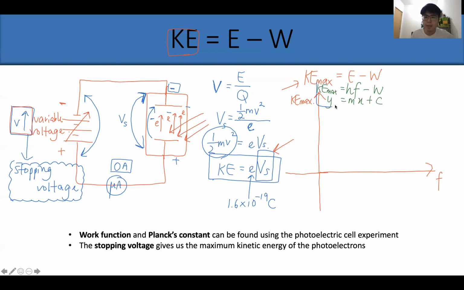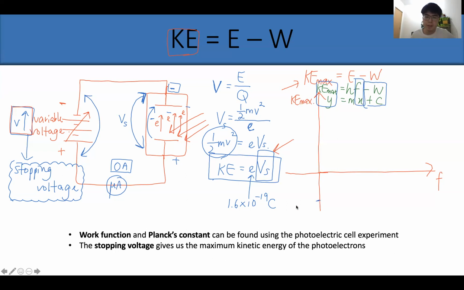Your y is Ke max, your x-axis is frequency, and the gradient is h. The gradient is the Planck constant, which is a constant. So your graph is a positive straight line, and your y-intercept c is minus W here.